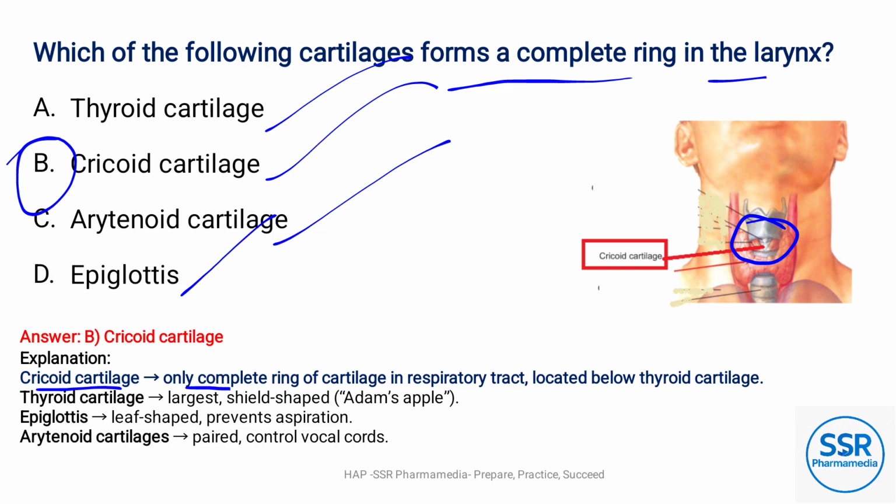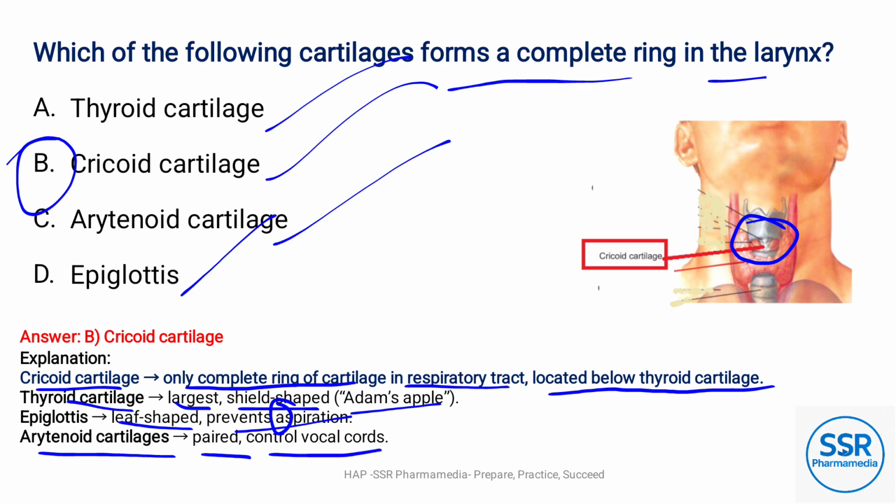It is the only complete ring of cartilage in the respiratory tract, located below the thyroid cartilage. The thyroid cartilage is the largest and shield shaped, also called the Adam's apple. The epiglottis is leaf shaped and prevents aspiration. The arytenoid cartilages are paired and control the vocal cords.